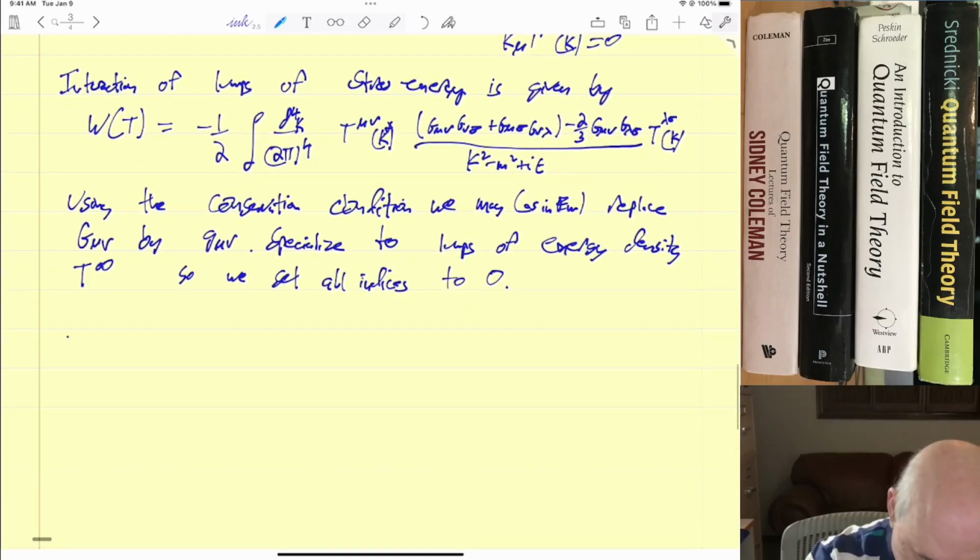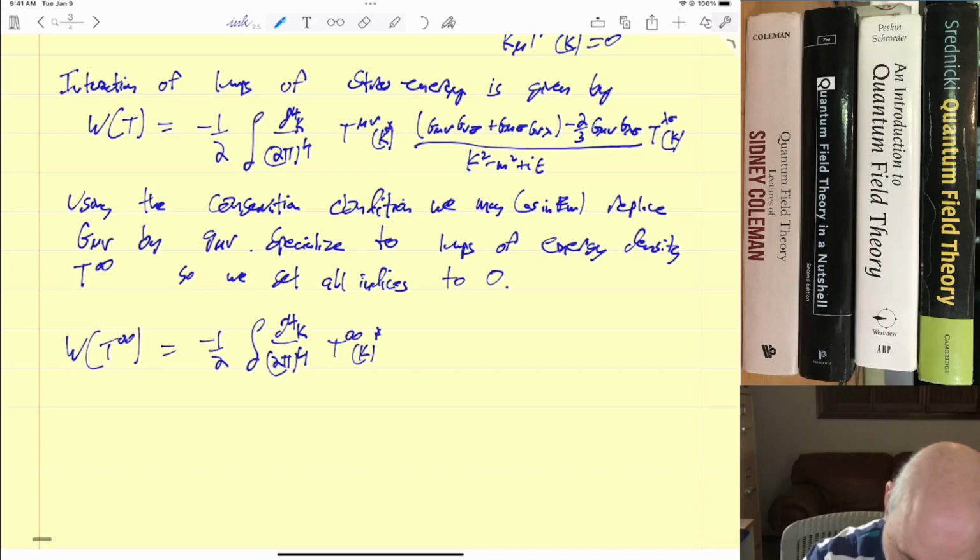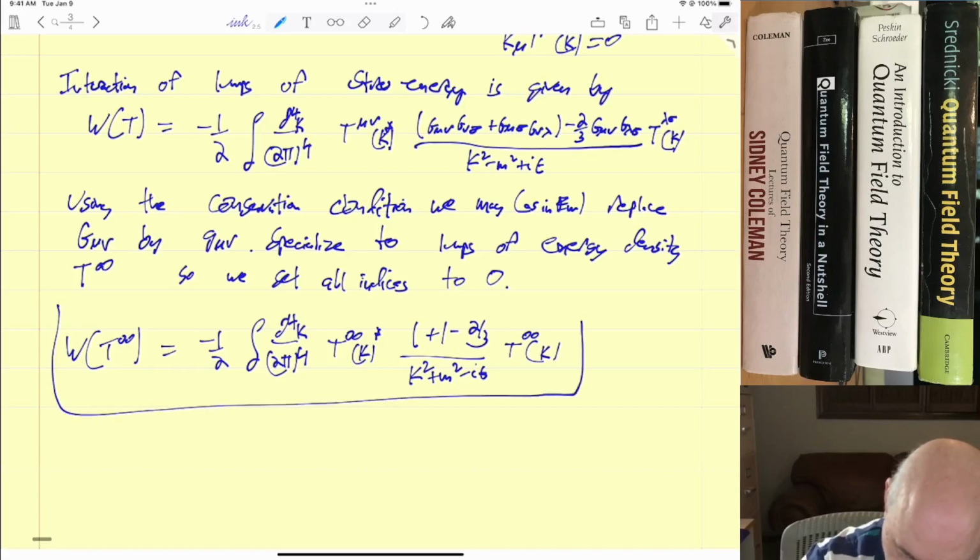And we get W of T00 equals minus 1/2 the integral of d4k over 2 pi to the 4th, T00 of k star, times 1 plus 1 minus 2/3, over k squared plus m squared minus i epsilon, times T00 of k. That's our final answer.